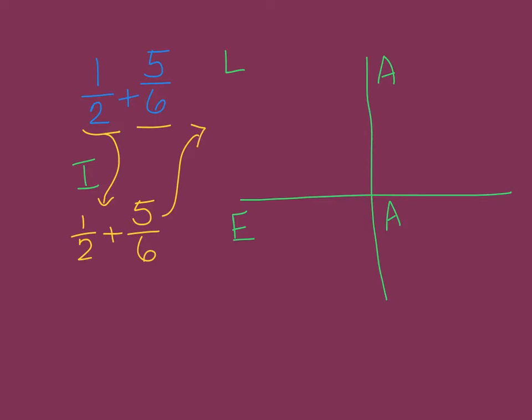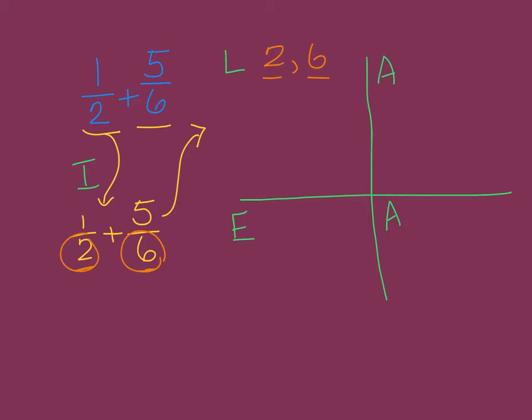The next step is to find the least common multiple. So I'm heading up here to my least common multiple. L is for least common multiple. And the numbers that I need to find the least common multiple for, of course, are the denominators, 2 and 6. In other words, if you get confused about GCF and LCM, the least common multiple is the smallest thing that 2 and 6 can both go into, or that 2 and 6 are both gazintas of.